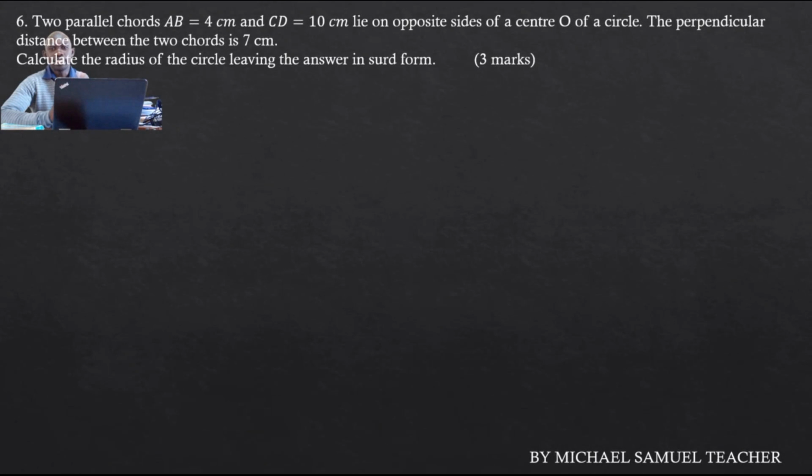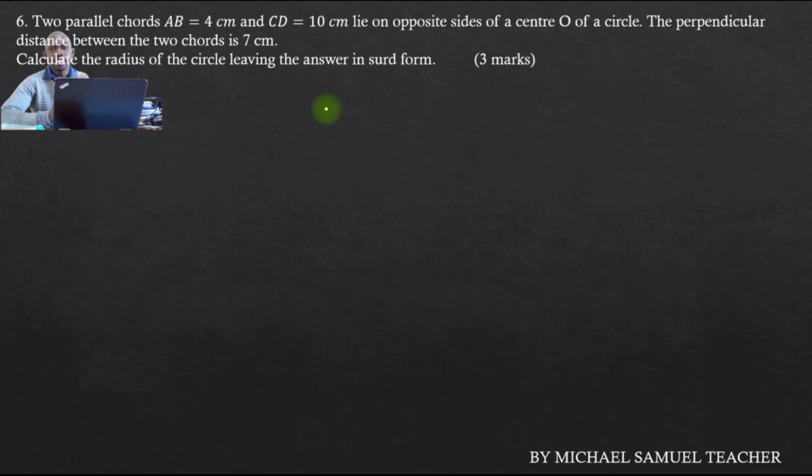Two parallel chords AB equal to 4 centimeters and CD equal to 10 centimeters lie on opposite sides of the center of a circle. The perpendicular distance between the two chords is 7 centimeters. Calculate the radius of the circle, leaving the answer in surd form.